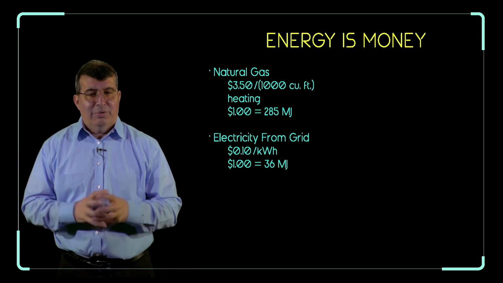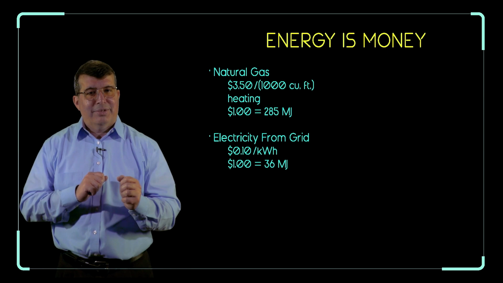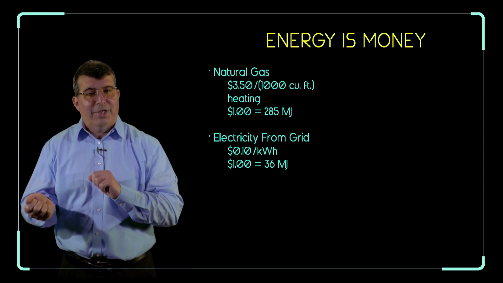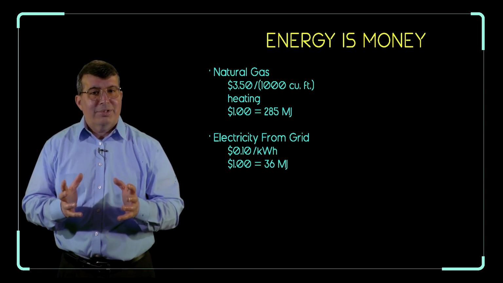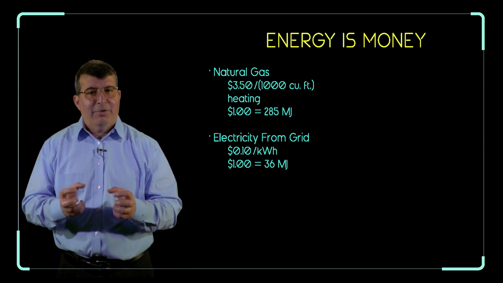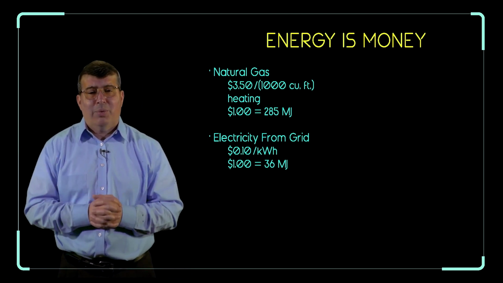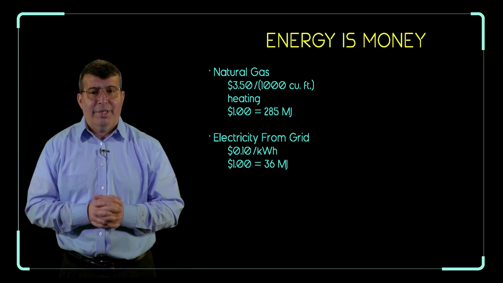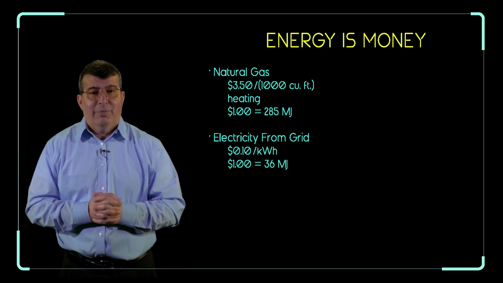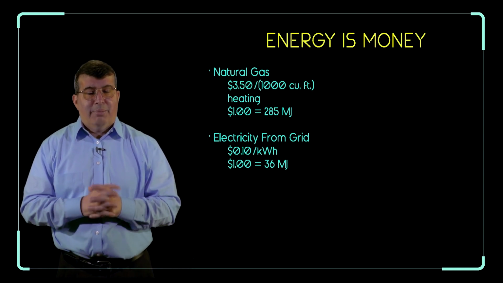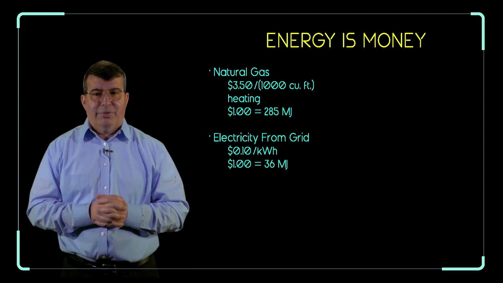They can convert the natural gas into thermal energy very easily, but to convert thermal energy into electricity is very inefficient. So they have a lot of losses just from that conversion of the chemical energy in the natural gas to electrical energy. They get about 20% out. So when they burn that gas, about 80% goes into heat and about 20% goes into electricity.